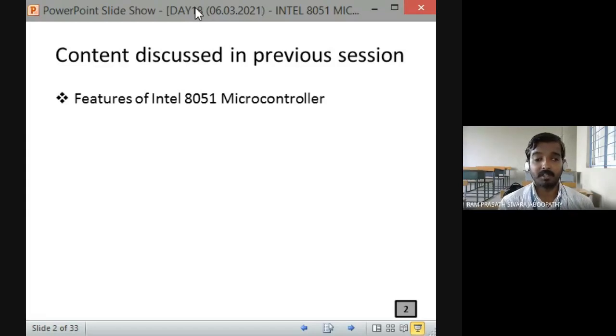What about the external memory accessing? What's the maximum size we can interface externally? Yes, very good, 64 KB. Fine. Then internally, what are the components it has? Apart from this, what about the other things present inside the 8051 microcontroller?